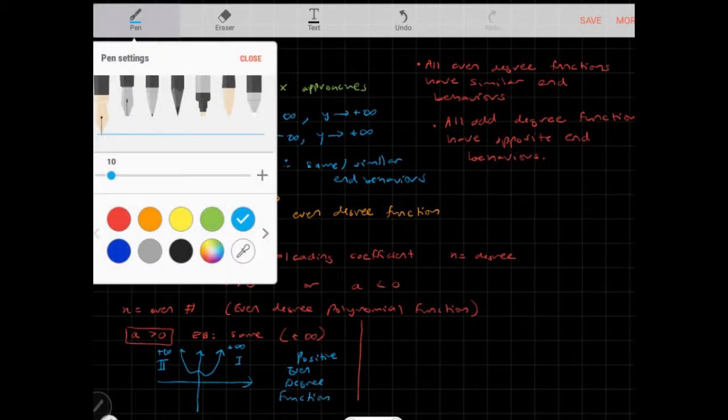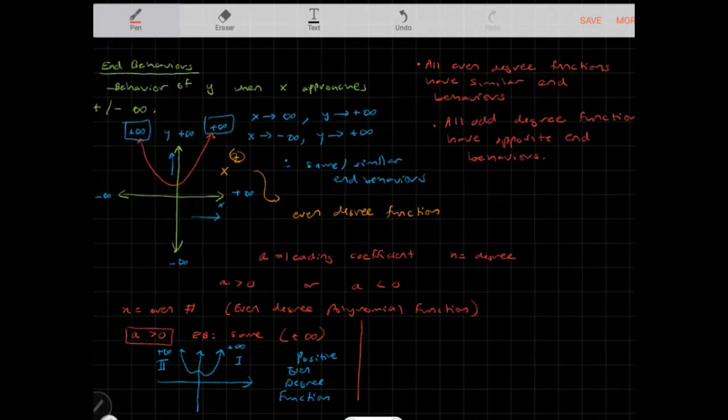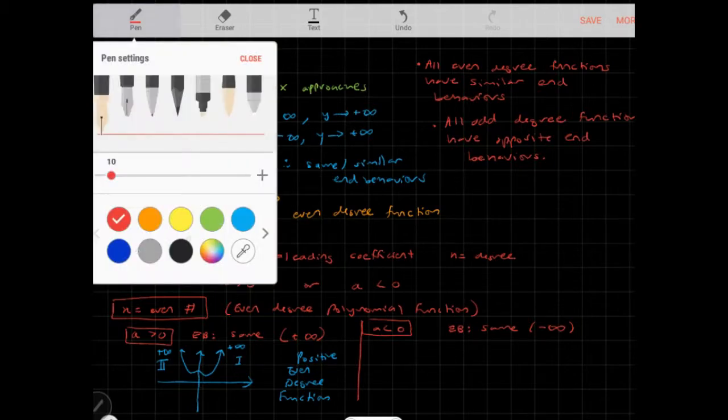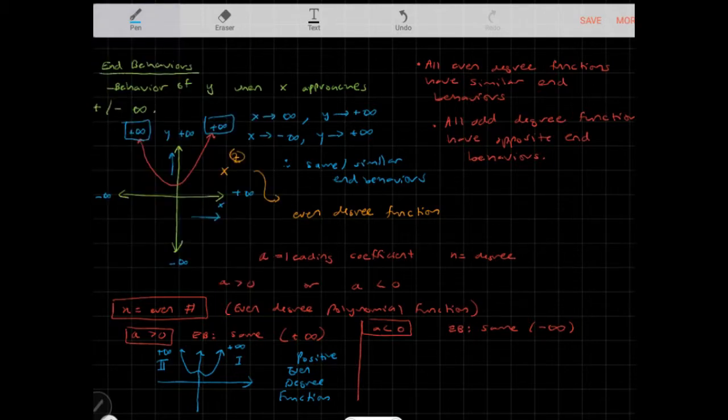Now if A is less than 0 and n is an even number, the end behavior will still be the same, but both will be negative infinity. So basically you'll have a negative even degree function, and here's an example of a negative even degree function.